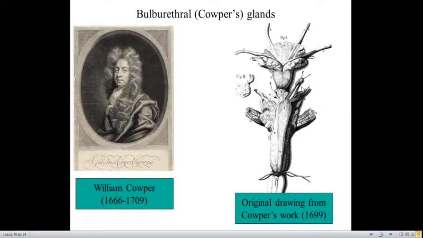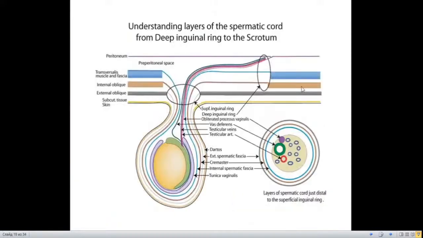These glands are exocrine, and their secretion opens into the urethra, where it moves through the bulb of the penis, and its secretion lubricates the surface of the male urethra to ease the passage of semen.